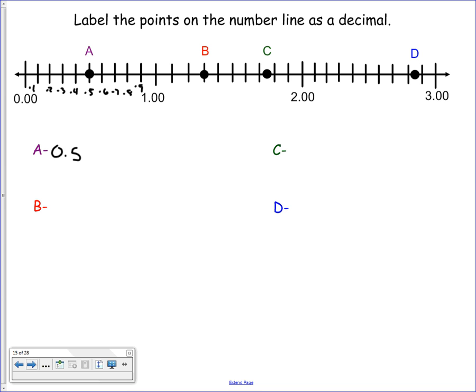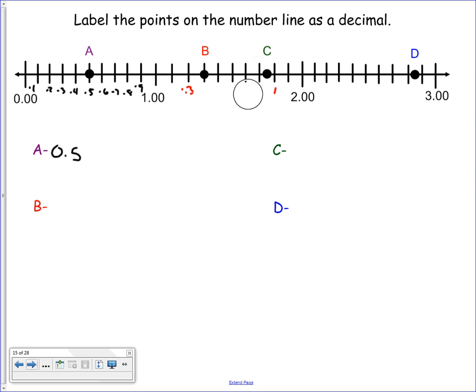I guess we can go B. B looks reddish. So we'll do 1, 1.2, 1.3, 1.4, 1.5, 1.6, 1.7, 1.8, 1.9. Uh-oh. Oh, I see what happened there.